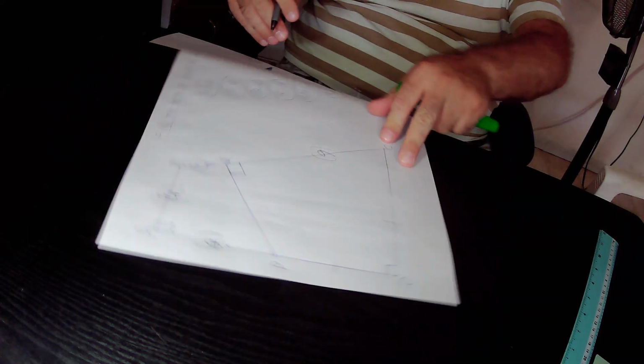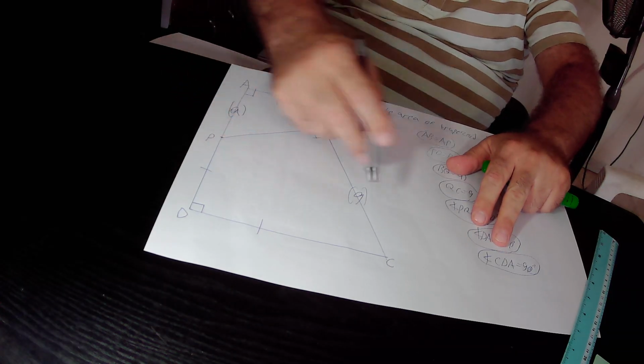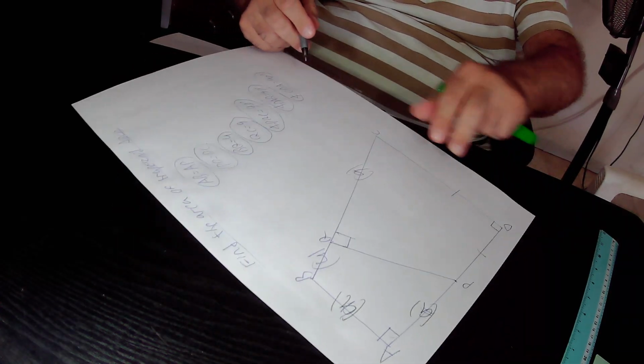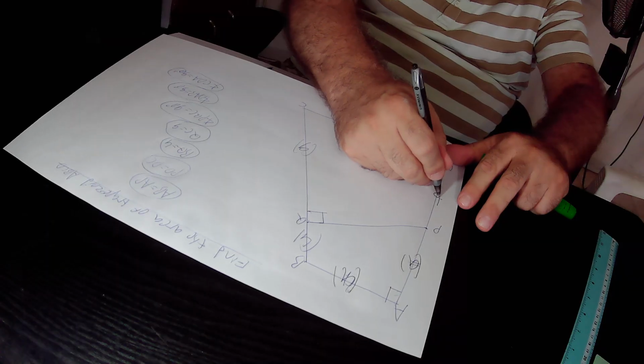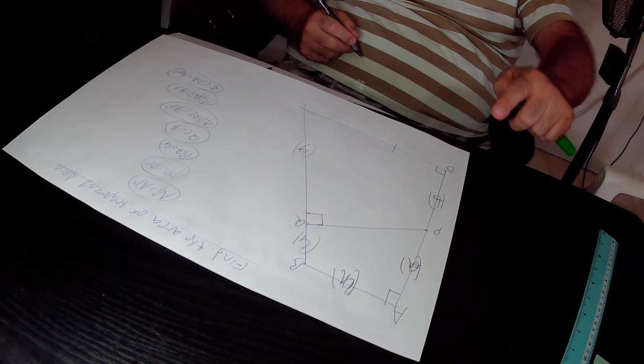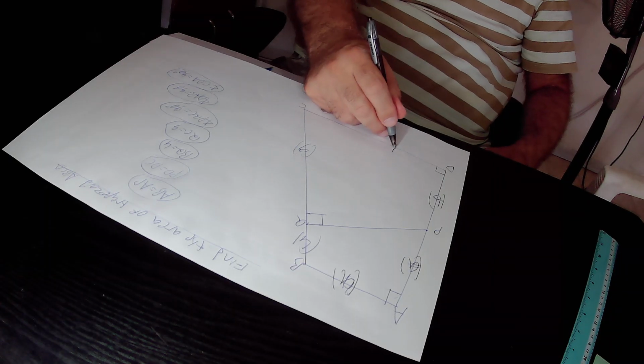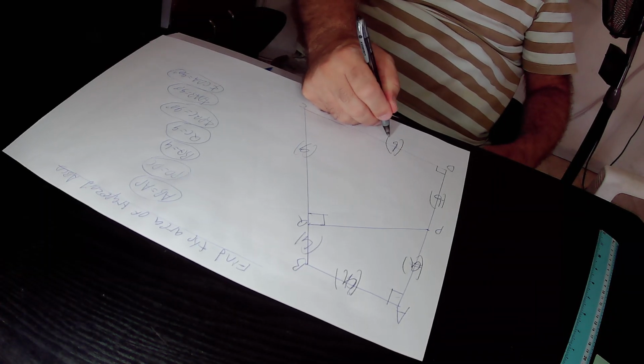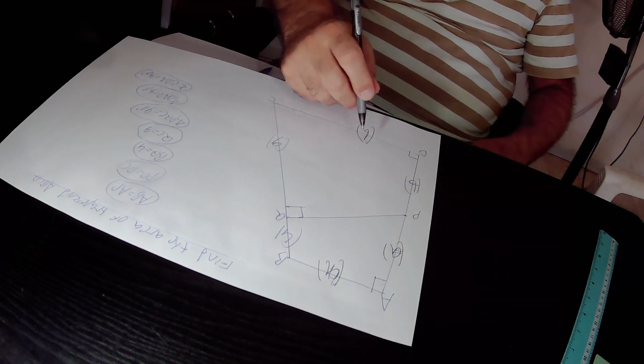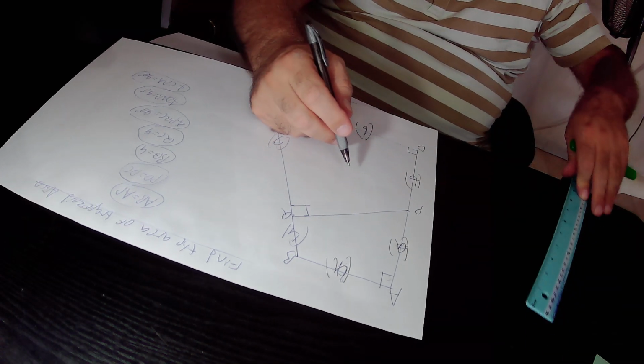Likewise, it is given in the question that PD equals DC. So we define the length of PD as B. If the length of PD is B, then the length of DC must also be equal to B because they are equal to each other according to what is given in the question. In the next step, we join points B and P together by a straight line.